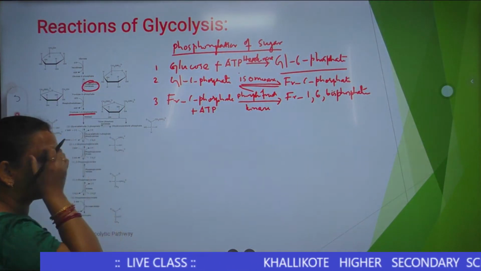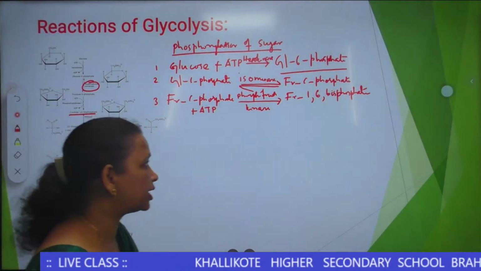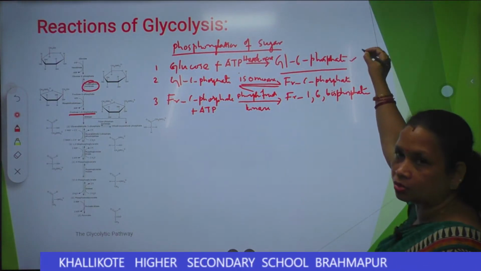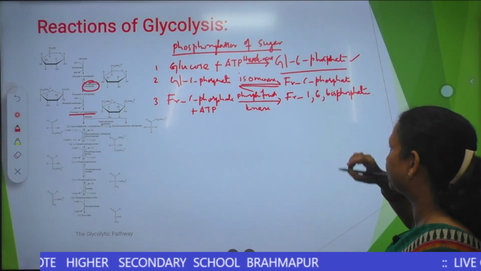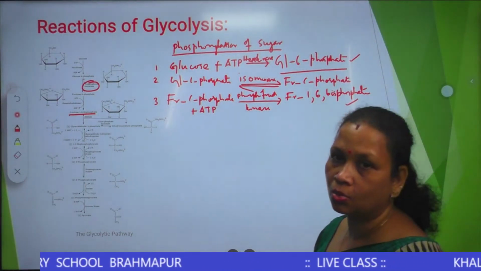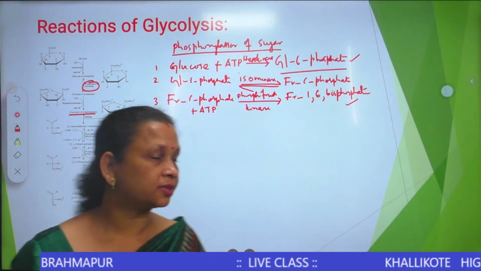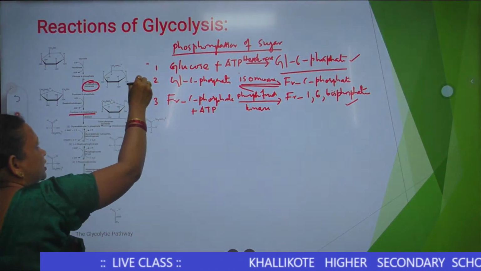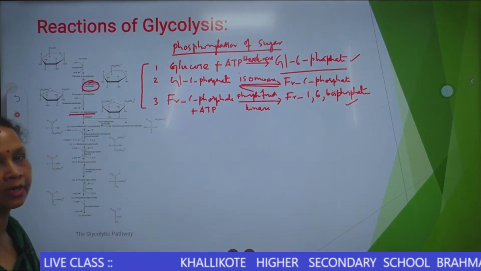So, here we see there are 2 phosphorylations: one, when glucose is converted into glucose 6 phosphate, and the other, when fructose 6 phosphate is converted into fructose 1,6 bisphosphate. So, this is the phosphorylation of sugar part.